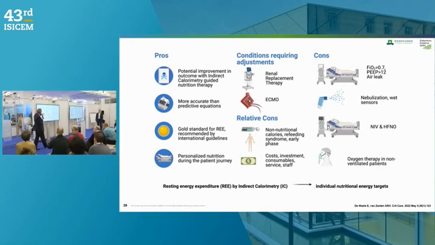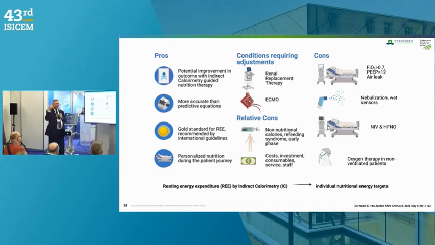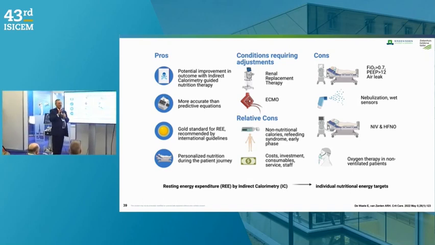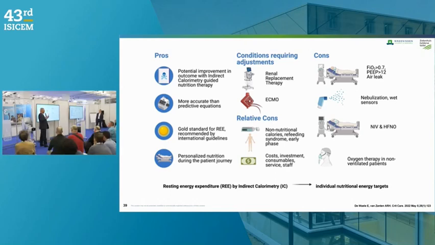So when there is an air leak, or you use a tracheostomy and it's leaking, or it's not cuffed, then you have a problem. You cannot measure. So if you consider, is all my gas going through the endotracheal tube or through the cannula, there's no problem. And a chest drain, so sometimes when nurses say, well, there is a chest drain, we cannot measure. But it's for fluid, no problem.